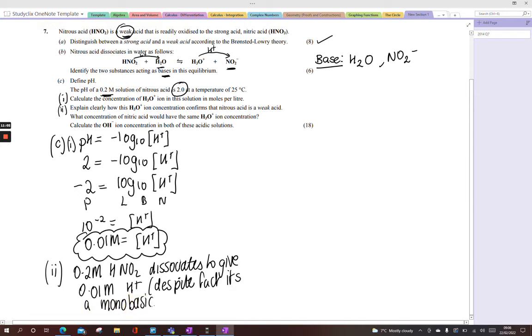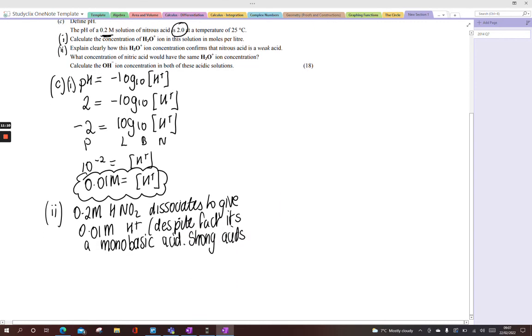And by that I mean it should be a 1:1 ratio. Strong acids would fully dissociate to give 0.2 moles per litre of my hydrogen ions. Whatever you know, stick it down.